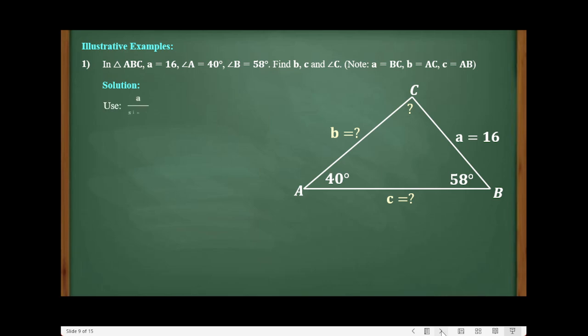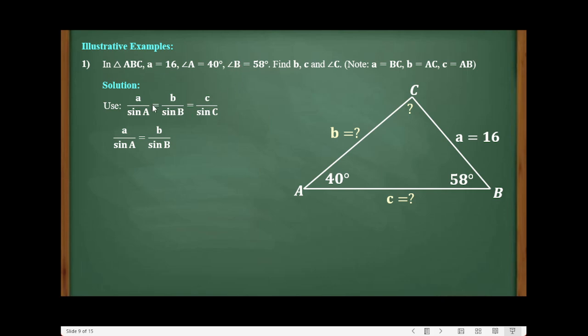Okay, so solution. Of course, this is the formula, the law of sines. Okay, now, so we need to set aside the third ratio. Why? Because the two ratios are those we need to use, because this is where we substitute the given information here.